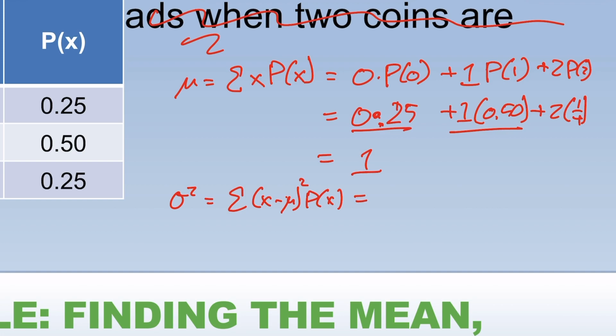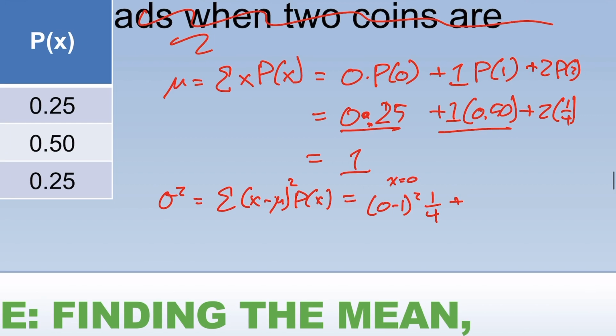So let's see what we get. The first one is x equals 0. So that's going to be 0 minus 1 squared times the probability of getting 0, which is 1/4. I just prefer to write it in fractions. Plus, now I'm on the x equals 1 outcome. So this is going to be 1 minus 1 squared times the probability of getting 1, which is 1/2.